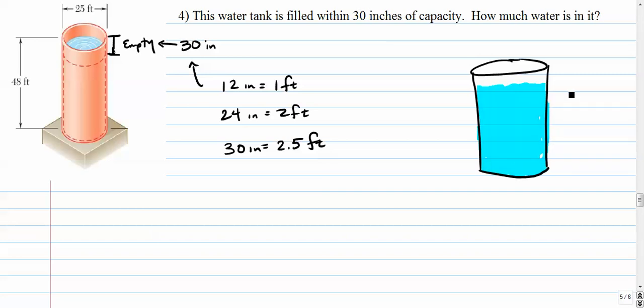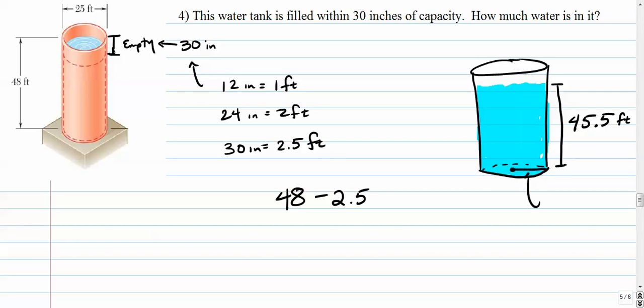It's pretty close to full. And the actual height of the water is 48 minus 2.5. So that's how high the water goes up. And the diameter is 25 feet. We don't want diameter, we want radius. So the radius is half of that.